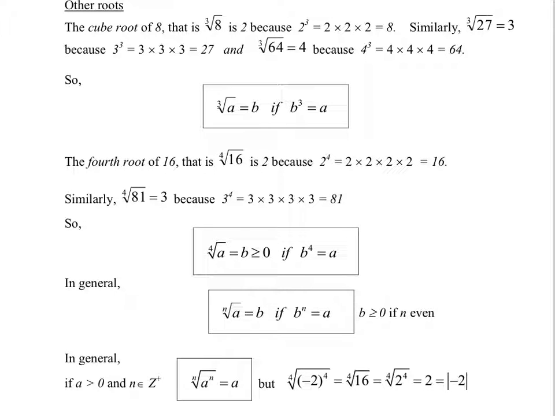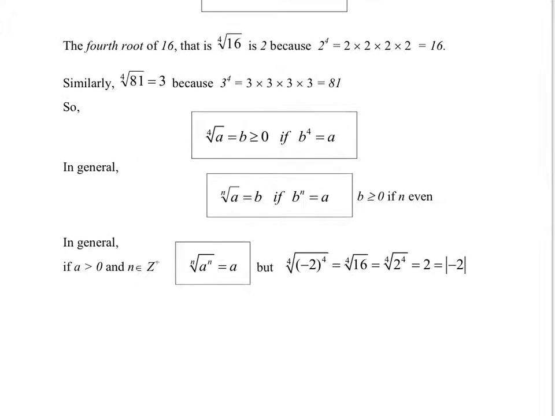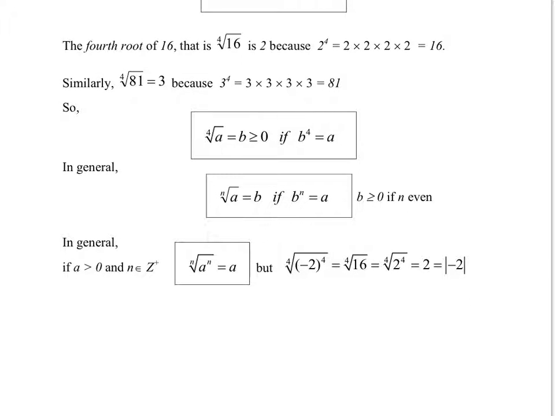Now, this last thing, right down at the bottom, is just pointing out a little danger that we have. If you're taking, for example, the fourth root of negative 2 to the power of 4 down here, usually you would imagine that it would be negative 2, because the nth root and the power to the power of n are kind of the opposites of each other.